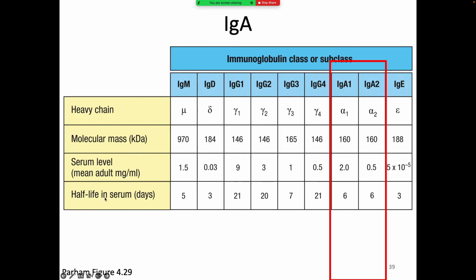The next one that we're going to talk about is IgA. On this figure, I would call IgA pretty average here. I don't think that IgA stands out a whole heck of a lot on this figure.